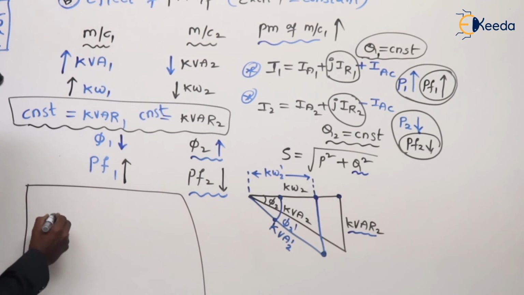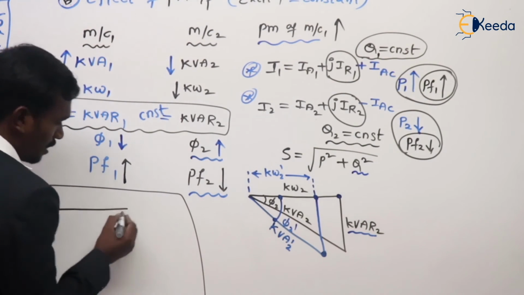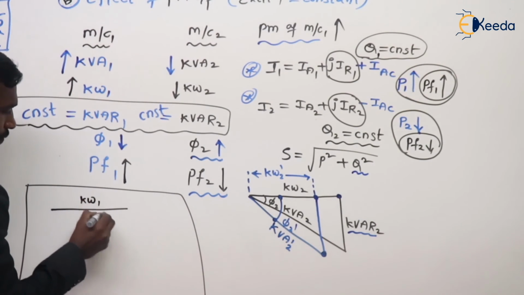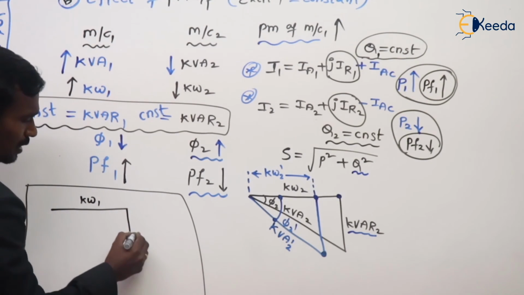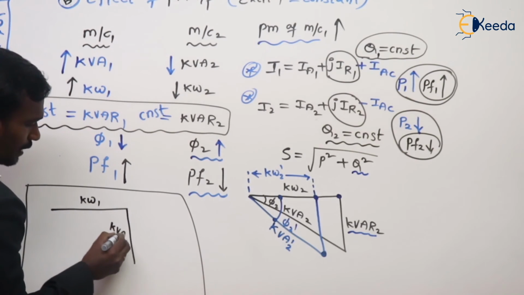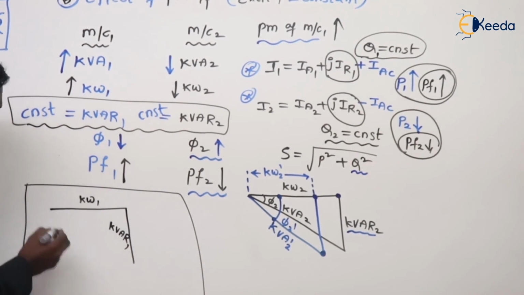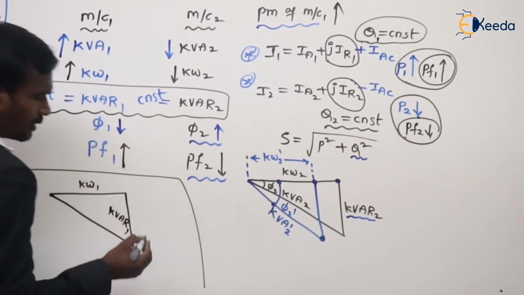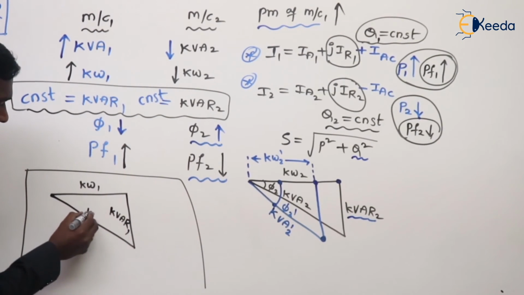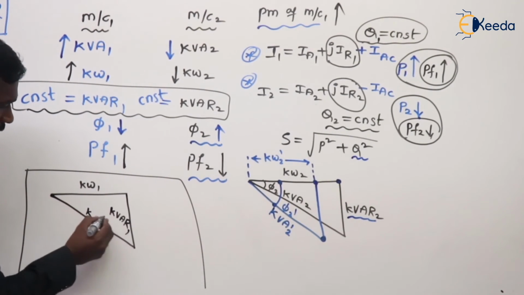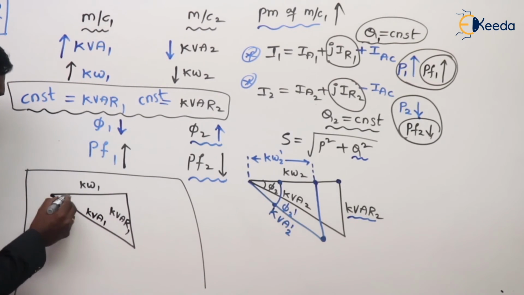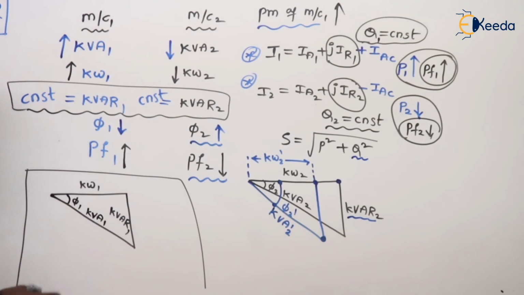See here. This is the kW1 and this is the kVAR1 and this is the kVA1. Of course, this is the power factor angle 1.